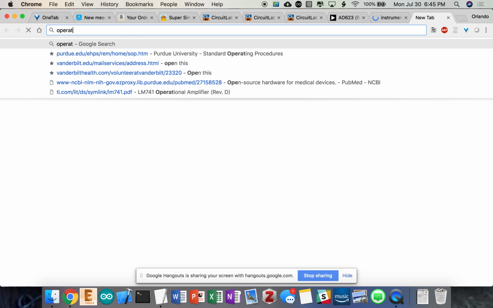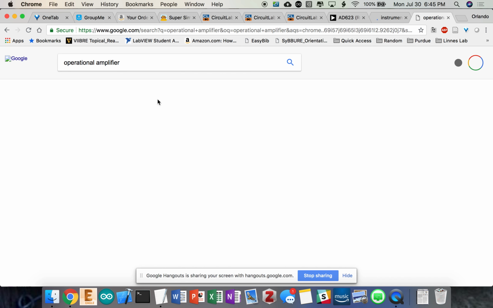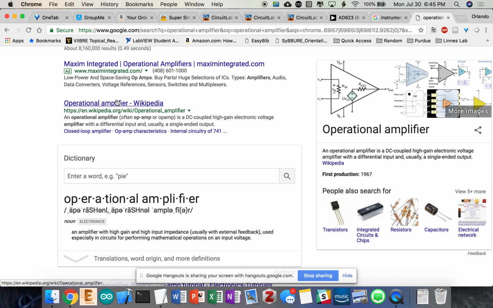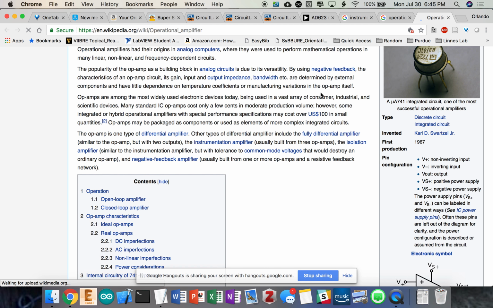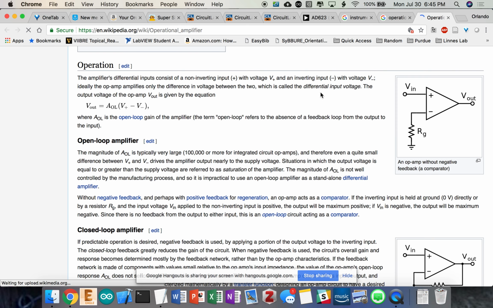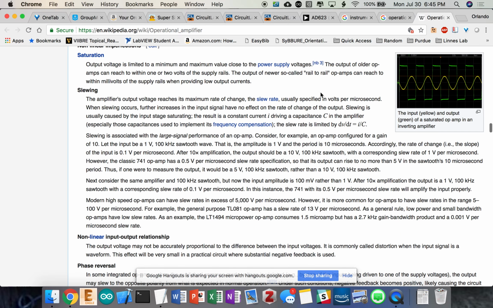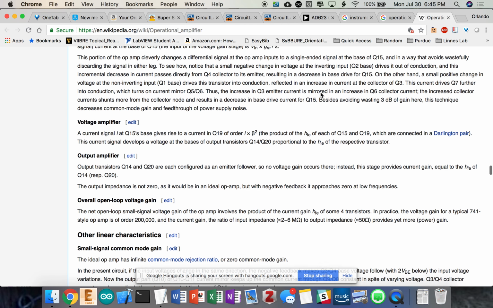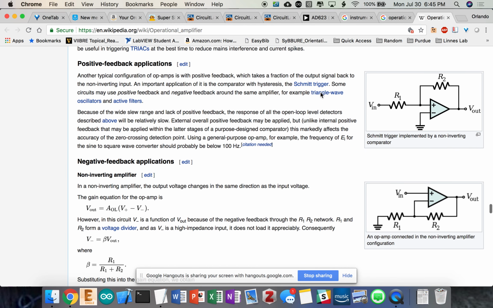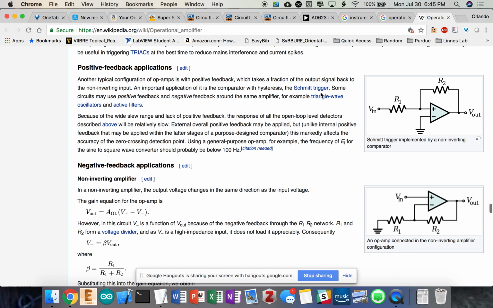Wikipedia has a good page on amplifiers, with a good list of the equations of the most common types.